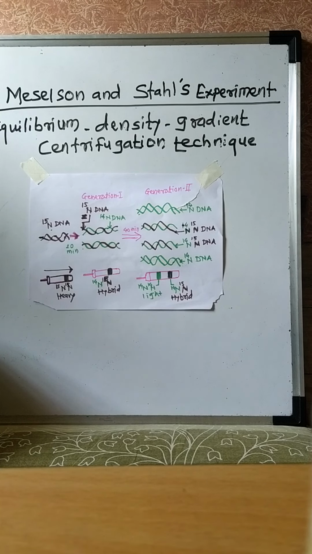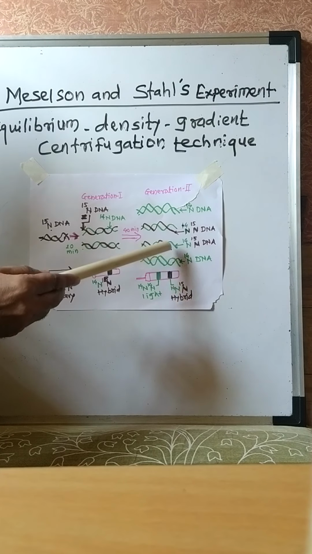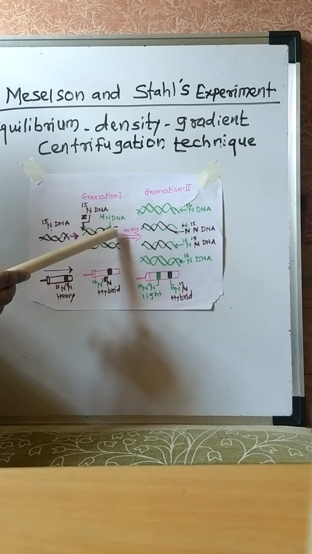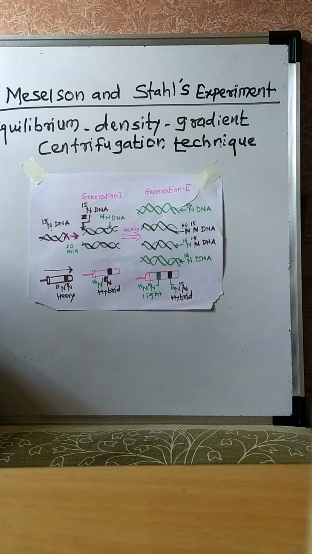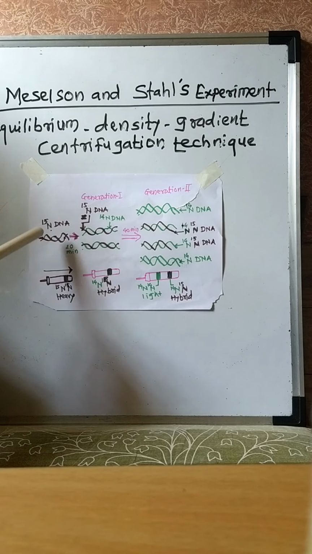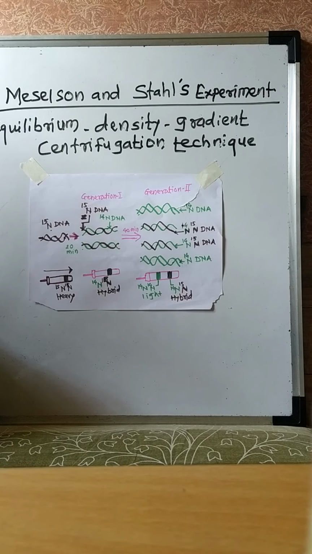Semi-conservative replication means that during replication, one strand of each daughter DNA is conserved from the parental DNA, and the other strand is newly synthesized. That's why the method is called semi-conservative replication.